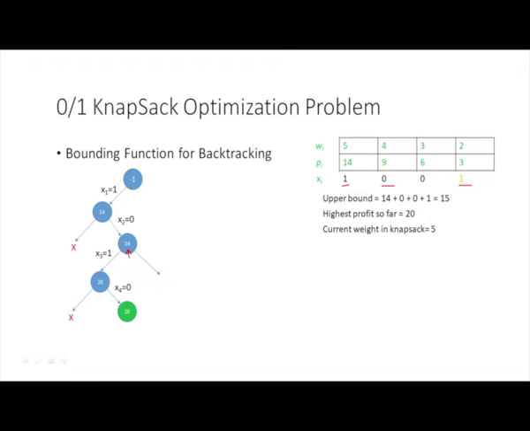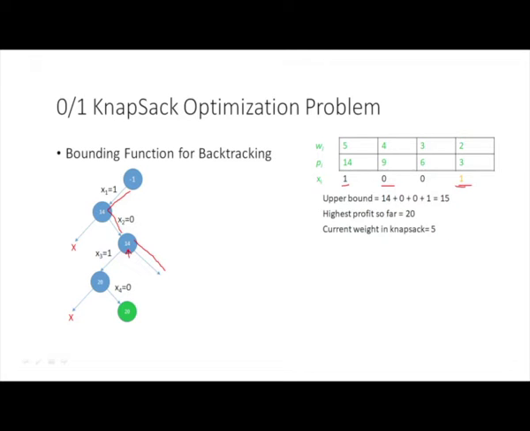The greedy solution would give 1 for x4 in this case. Here x1 is 1, x2 is 0, and x3 is 0 because it's a right child. Right child here means not taking the item into the knapsack.